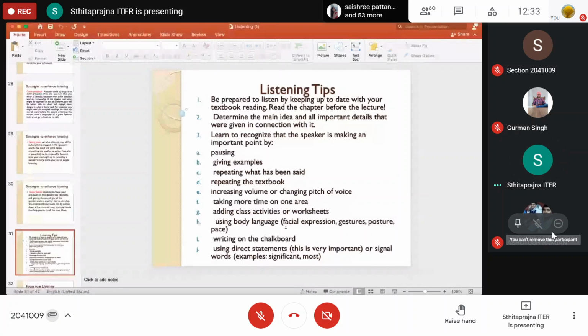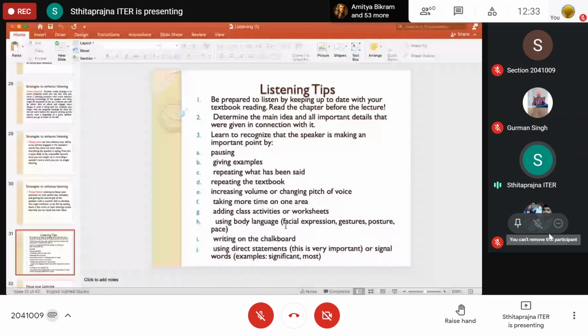Number two is find out what the main idea is. When you're listening, try to find out what the central idea, what the main idea is of the speaker, and how he is relating the main idea with other subsidiary ideas. And how do you know the speaker is making an important point? The speaker gives a lot of cues, vocal cues, non-vocal cues, a lot of pointers or signposts.